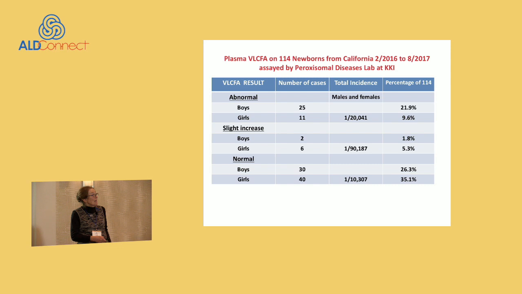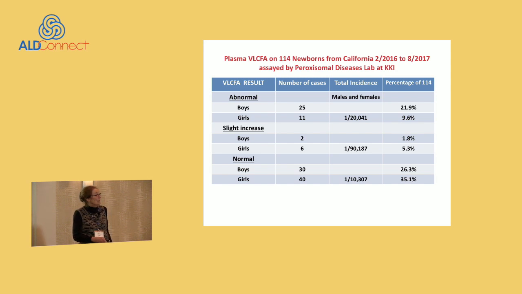And we found abnormal very long chain fatty acids in 25 boys and 11 girls. Now these don't match really, and that's an incidence, if you use the 721,000 screened, of 1 in 20,000, okay? We found slight increases in 2 boys and 6 girls. Now, for the girls, maybe they're heterozygotes. We don't really know.